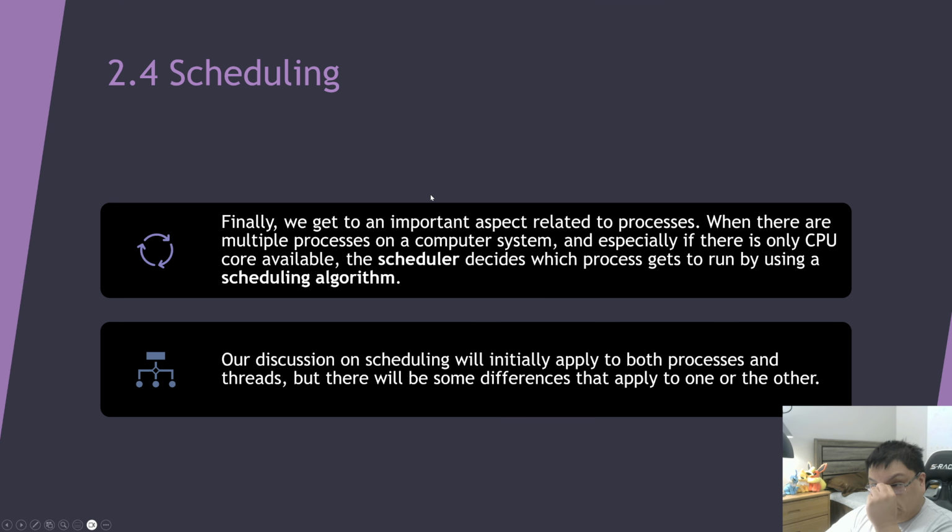Okay, so CPU scheduling is an important aspect of an operating system. We have the idea of a process, an abstraction of a running program. Accompanying that is the concept of a thread, which is a different flow of execution within one program.